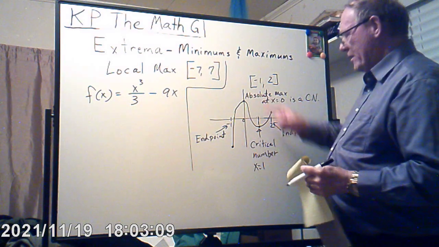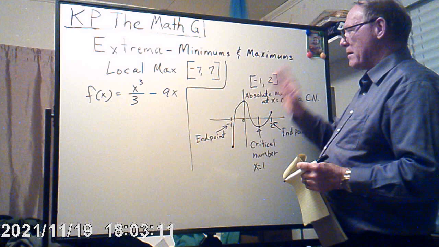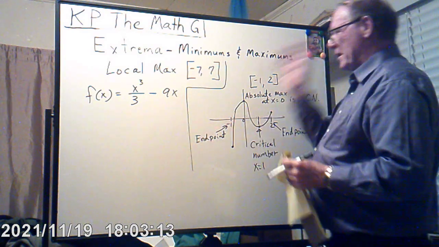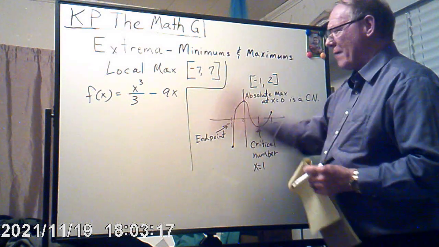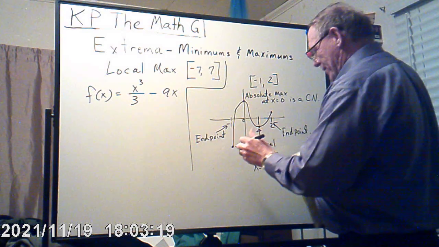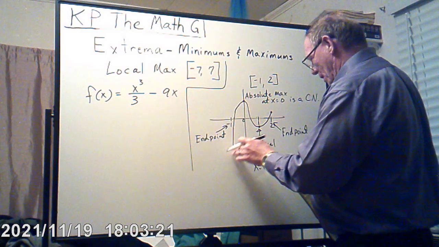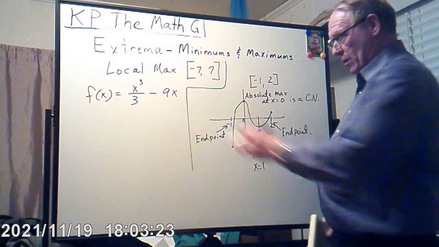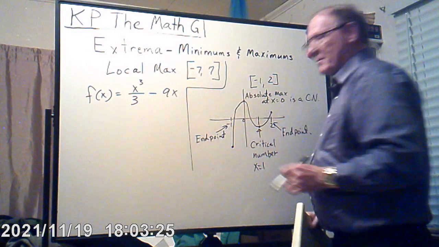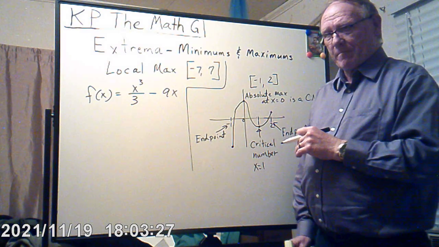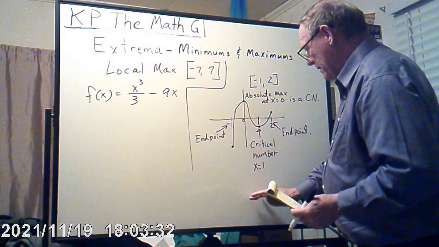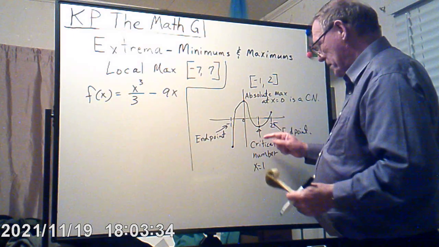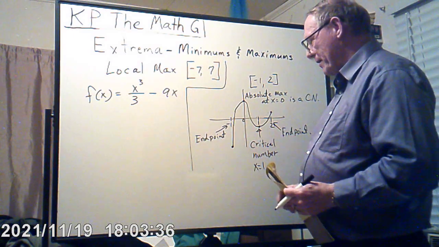So when you are checking for absolute or local maxes, local mins, absolute max, absolute mins, you have to look at both endpoints. So we have to pay attention in this problem to -7 and 7. And we have to look at critical numbers. Okay?